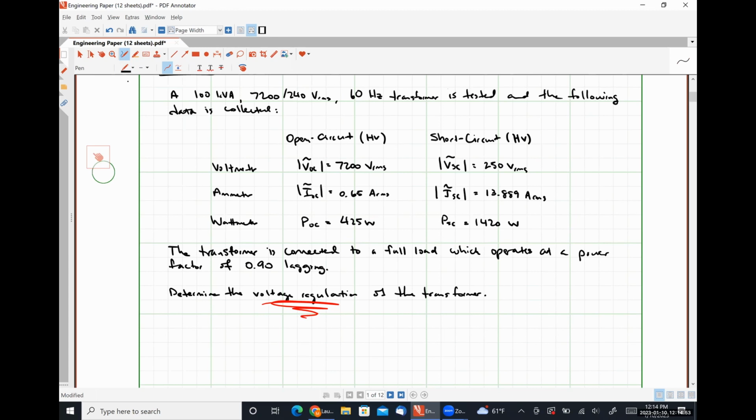So our transformer is operating at full load, which means the secondary has rated voltage and rated current, okay? So if our transformer is rated for 240 volts RMS on the secondary, then I would argue that V2 is 240 volts RMS.